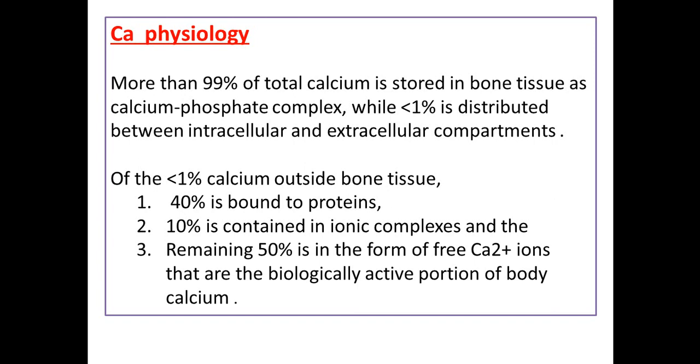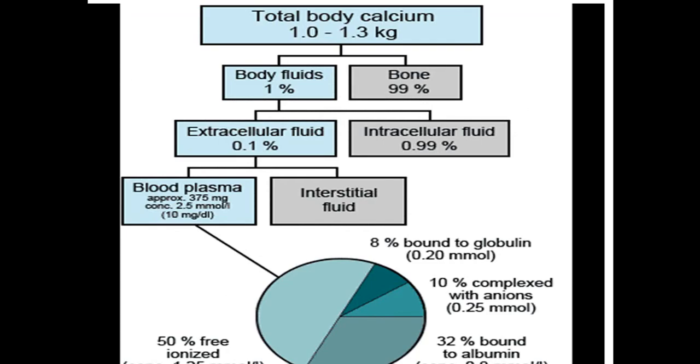Of this 1% outside the bone tissue, 40% is bound to protein, 10% is contained in ionic complexes, as it will combine with phosphate, citrate, sulfate, and so on. The remaining 50% is in the form of free calcium ion, which is the biologically active portion of the body calcium. Total body calcium is 1 to 1.3 kilograms.